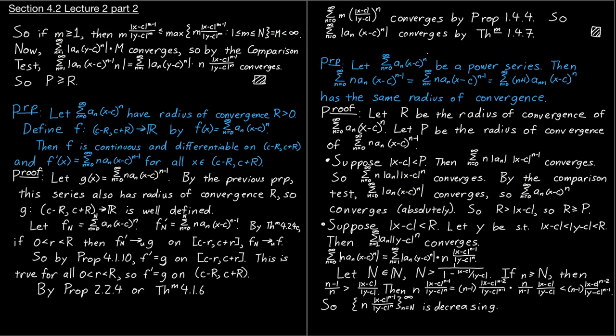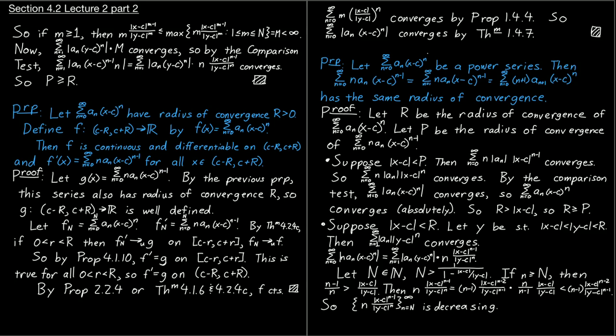The f n's, the partial sums are polynomials, so they're continuous, and you've got uniform convergence by theorem 4.2.4c, which means you've got continuity by theorem 4.1.6. We've got f is continuous. And that completes the proof.